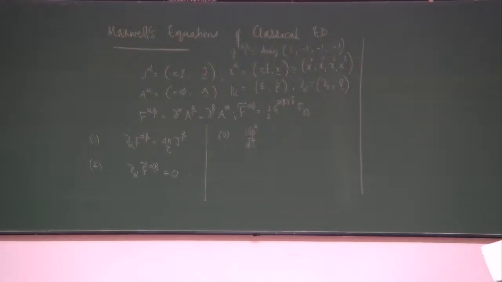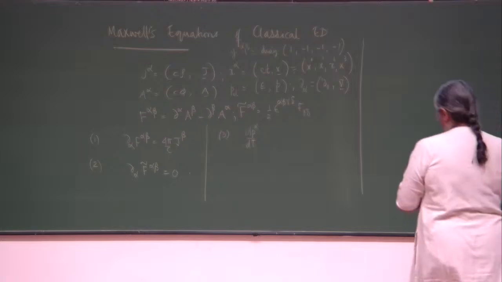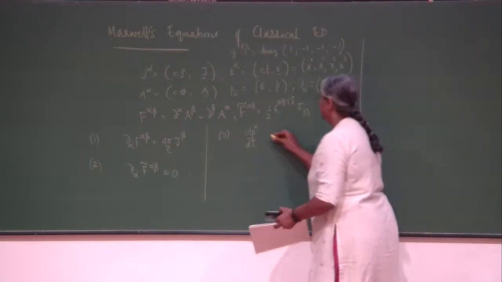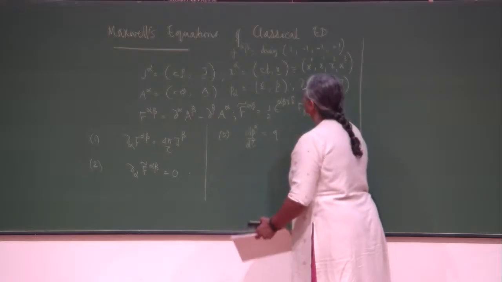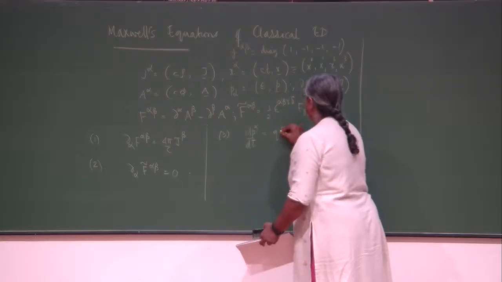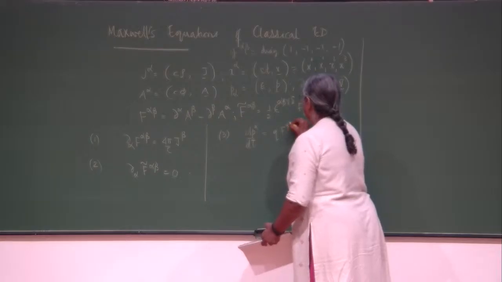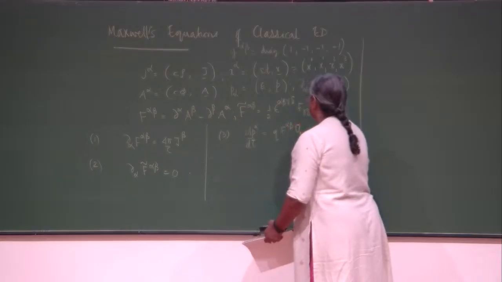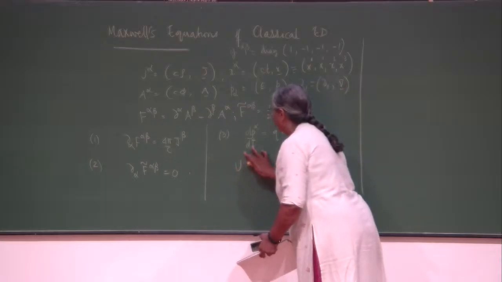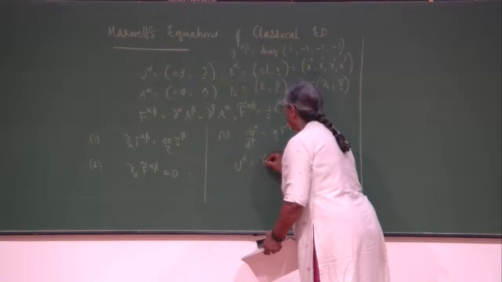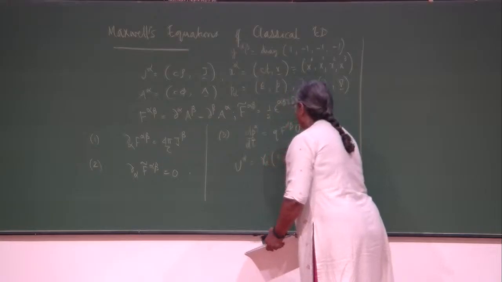In that frame you have the least time interval, which is called the proper time tau, and this comes out to be q times, I didn't define it, so let me just write it first, F alpha beta u beta, where u alpha is equal to gamma times c, gamma u.